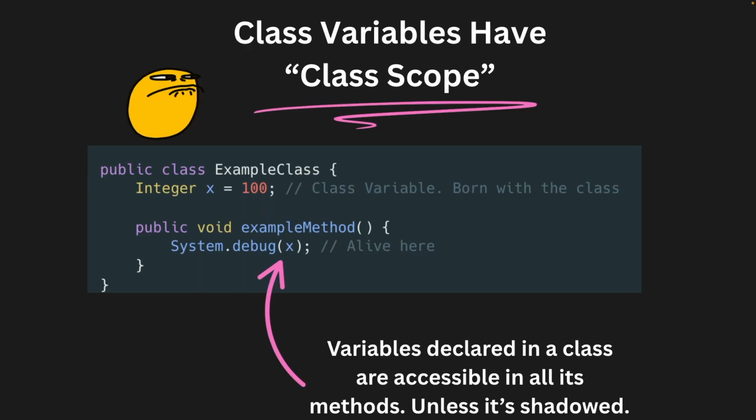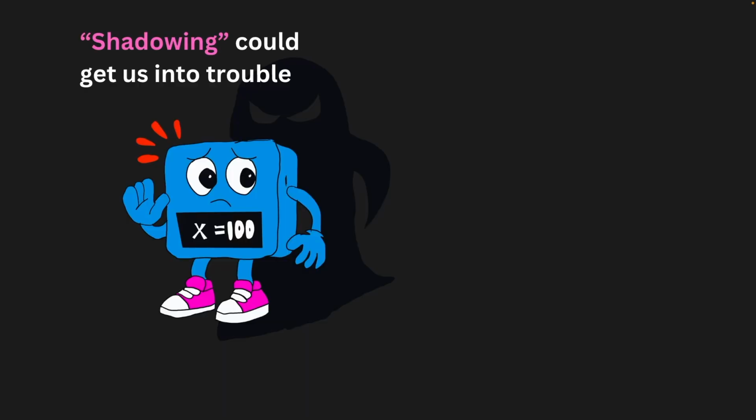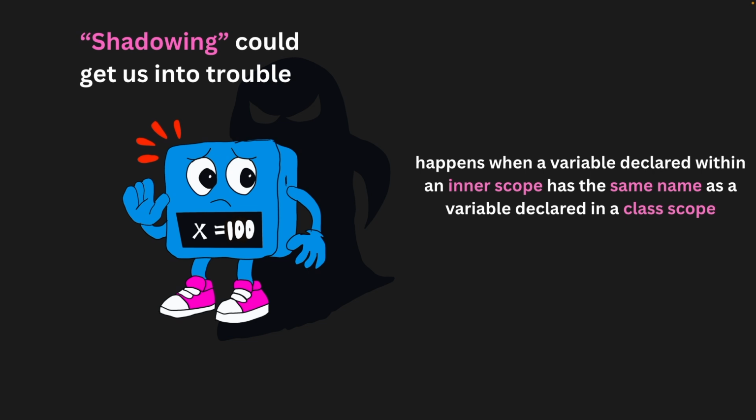Class variables have a special type of scope. It's called class scope. Variables declared in a class are accessible in all of its methods, unless they're shadowed. And shadowing could really get us into some trouble here. Shadowing happens whenever a variable declared within an inner scope has the same name as a variable declared in a class scope.